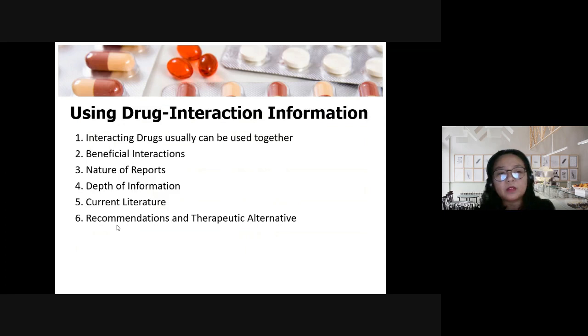Hindi siya pwedeng ipag-take. Halimbawa, nasa hospital setting kayo, tapos nakita nyo, nireseta ni doc, halimbawa, let us say, aspirin tsaka clopidogrel. Aspirin is an antithrombotic agent, and then clopidogrel is the same. So, ay, doc, hindi po pwedeng ipagsabay itong dalawang to. Baka ganun yung gawin. Hindi, di ba?